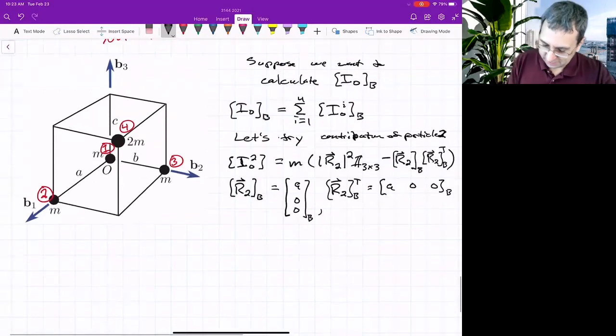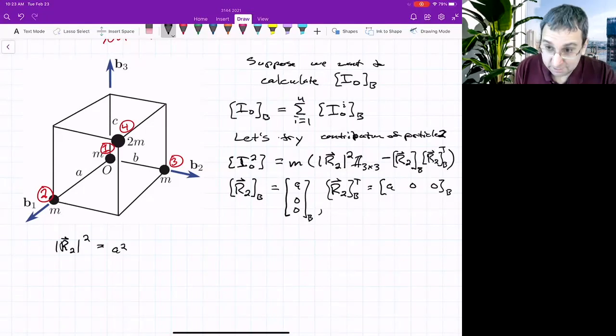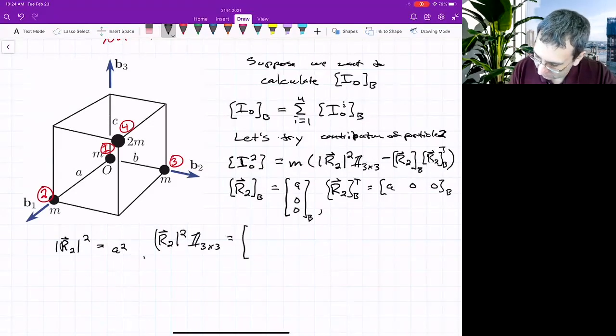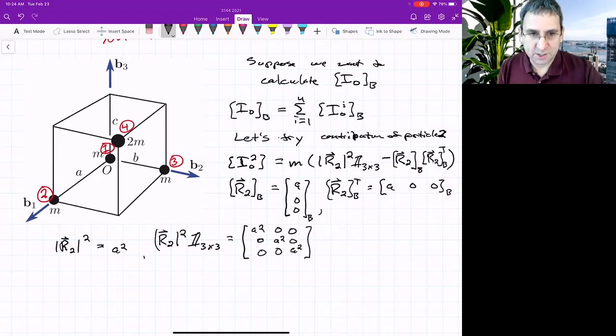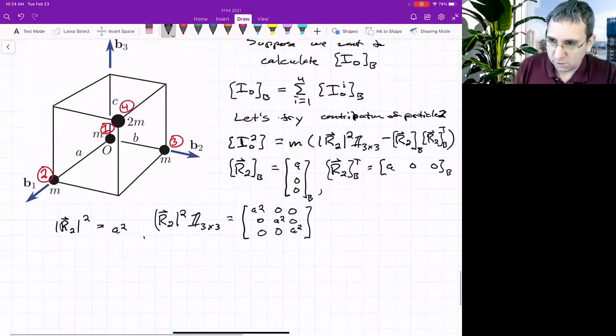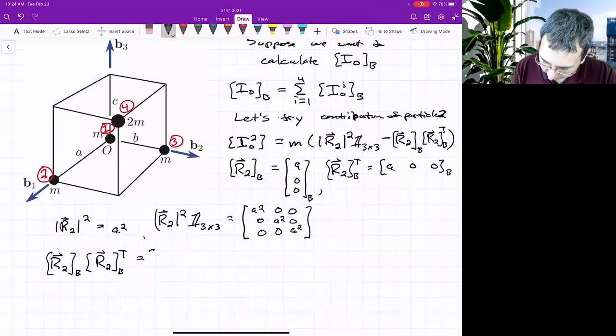If I write the magnitude of r2, well, that's a squared. So r2 magnitude squared times the 3x3 identity is going to be a squared, a squared, a squared, just a squareds along the diagonal. What about r2 times r2 transpose? It's a column vector times a row vector.